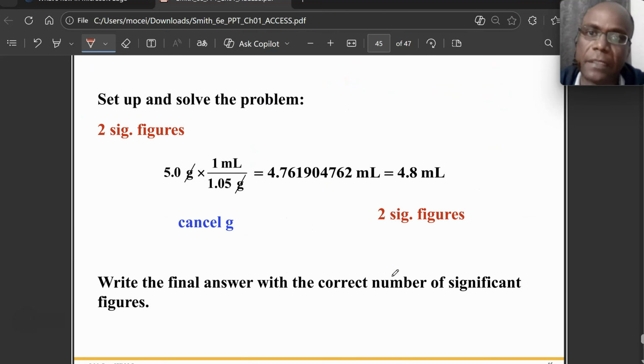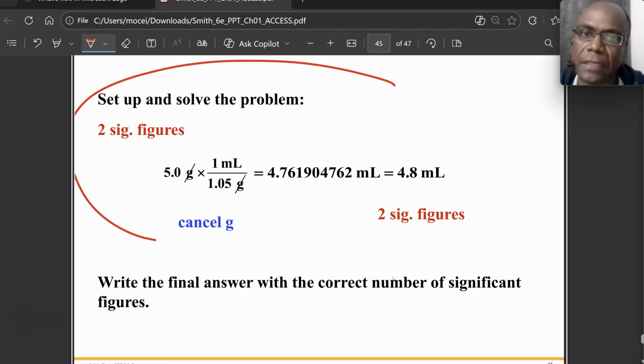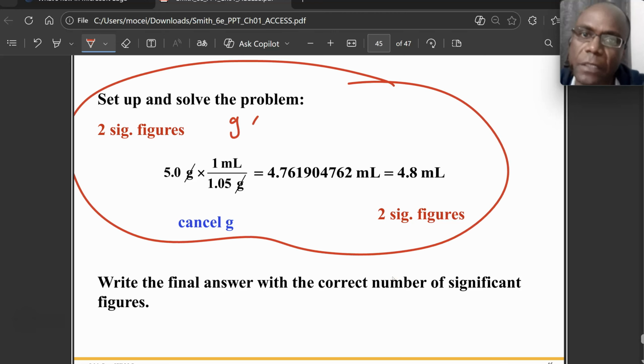Okay, and that is what's done here. That's exactly what's done here. The formula used is grams times the inverse of density, which is volume over mass, and that helped us to put the 5 grams here, the mass given in the question, and then the density was 1.05 grams per ml.